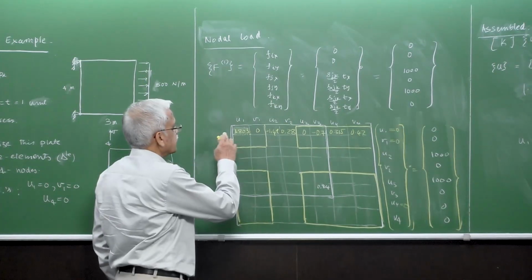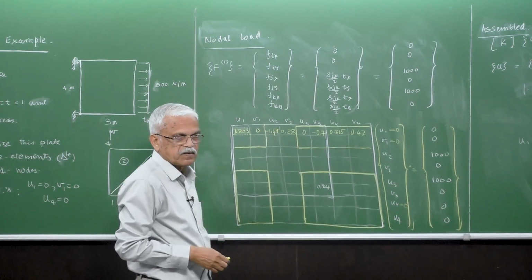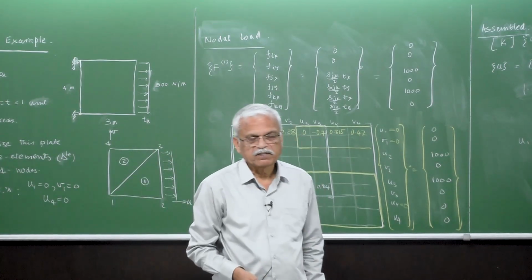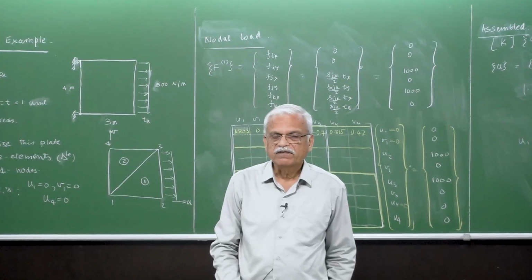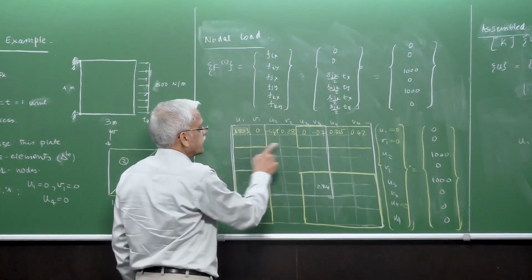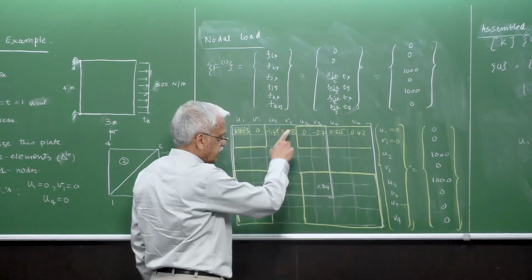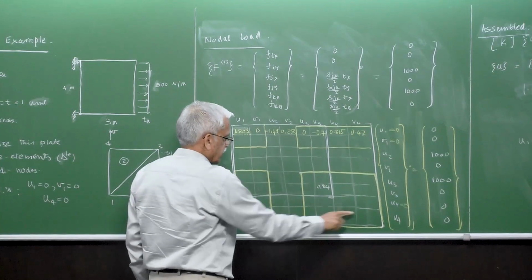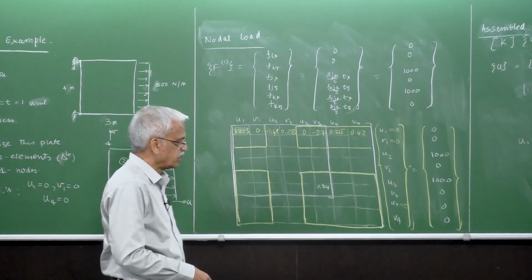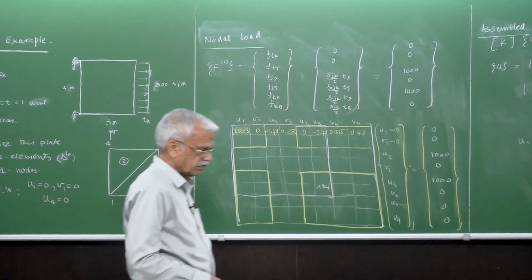For example, the first equation here has been obtained by taking the derivative of pi with respect to u1, and the second one is obtained by taking the derivative of pi with respect to v1 and so on. The last one is obtained by taking the derivative with respect to v4.